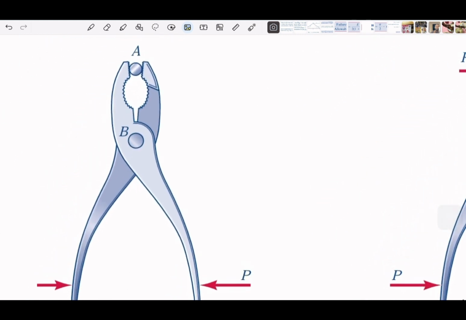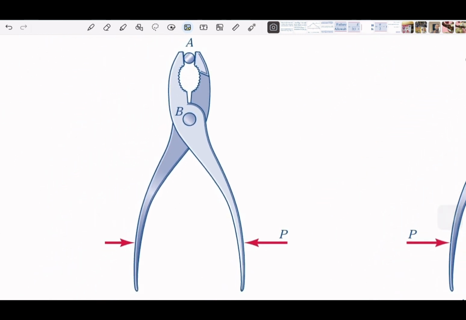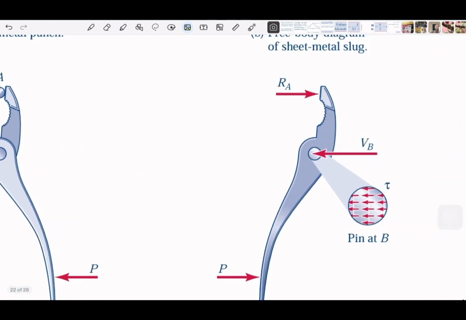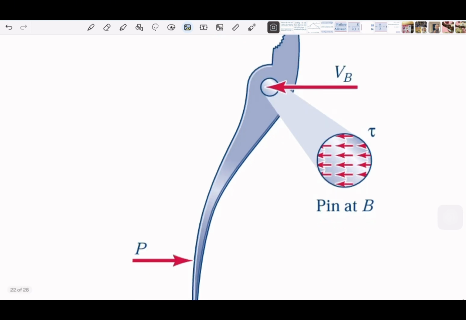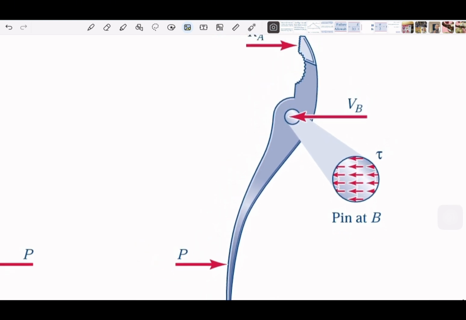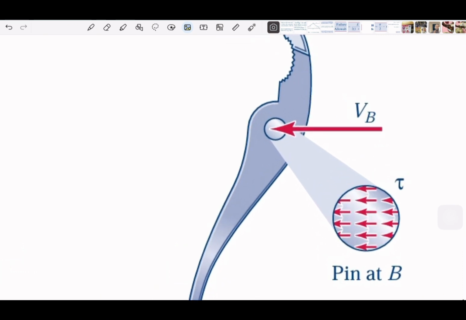Similarly, when we are dealing with the pliers like this, we exert some forces, we pull or we push the force, and then at the metal hole, inside this circle, if we look at just one plier, when we pull the force there will be some reactions, which are shear forces.